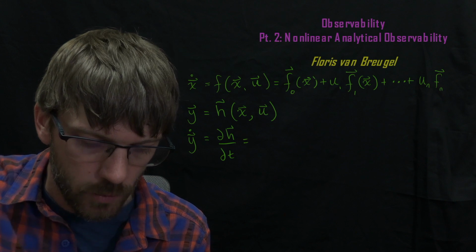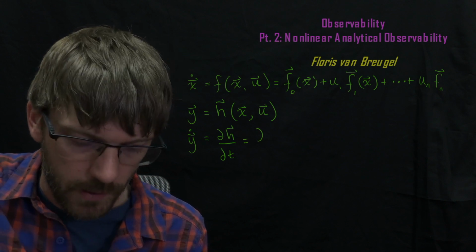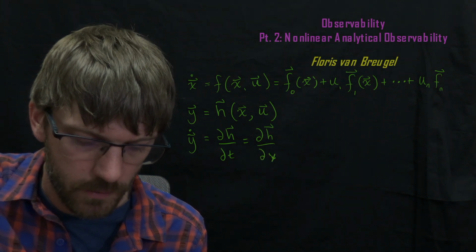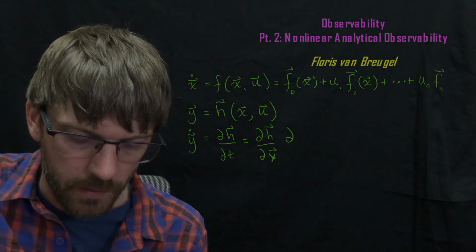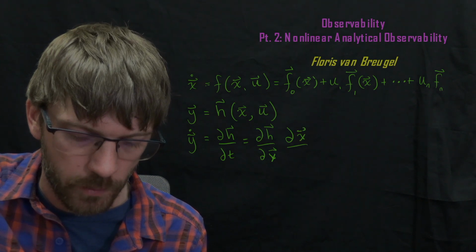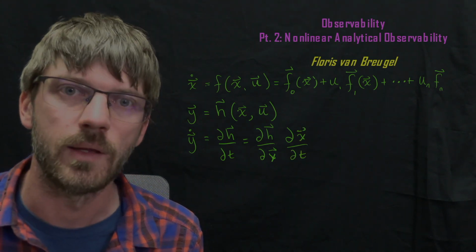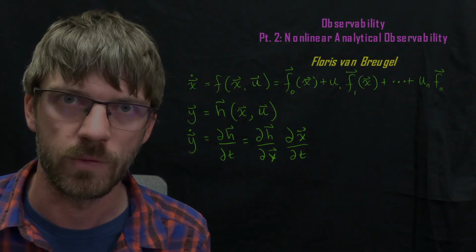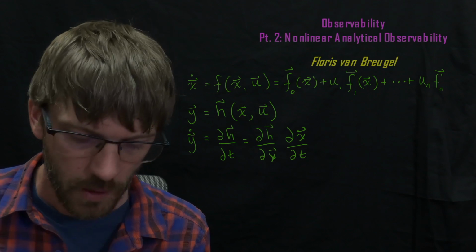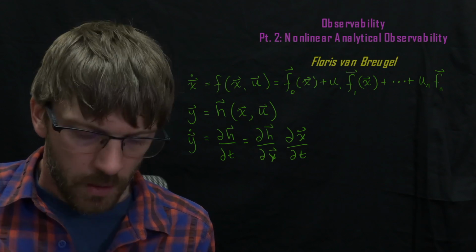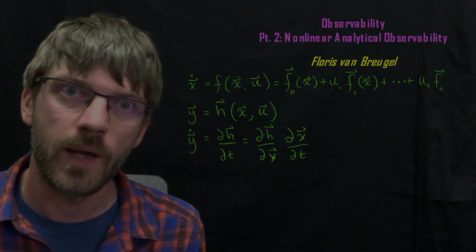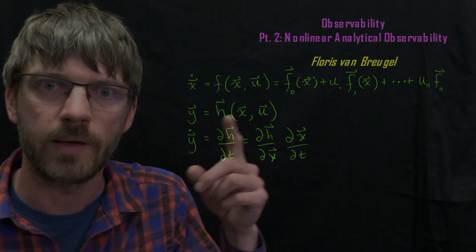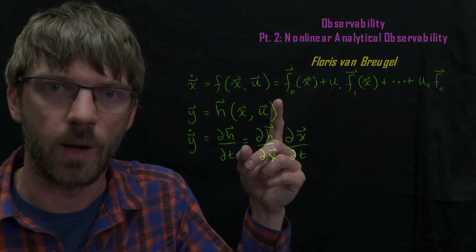Now, using the chain rule, we can split that up, and we can get the derivative of h with respect to the state, multiplied by the derivative of the state with respect to time. That is, of course, assuming that the measurement description, the equation h, does not change with time. If that did, then there'd be all sorts of other problems. So just like in the linear case where we replaced our x dot with Ax plus Bu, here we can replace that x dot with this equation up here.